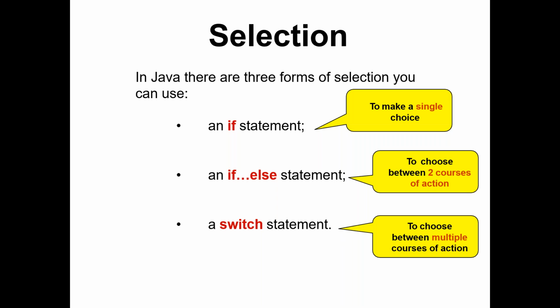We have selection ones, where in Java there are three forms of selection that we can use. The first one is the if statement, which allows us to make one single choice. Then we have if-else statements, which allow us to do two actions. And then we have switches, which allow us to do multiple choices.